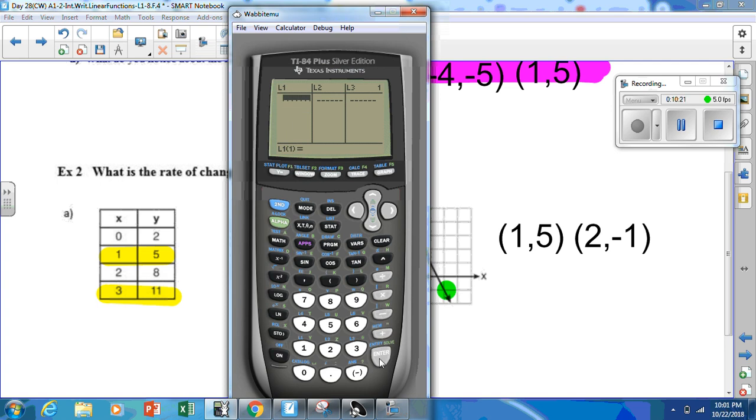What values am I interested in? 1 and 3. Let's put them in there. 1, enter, and 3, enter. Notice I didn't need all of my values. I only need 2 values, any 2 values when I have a linear function. Let's plug in our y values now. I see I need a 5 and an 11. 5, enter. 11, enter.